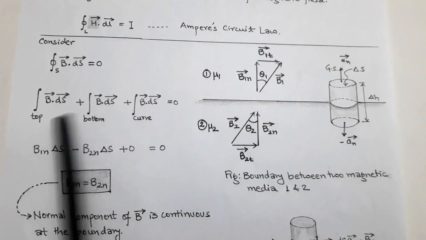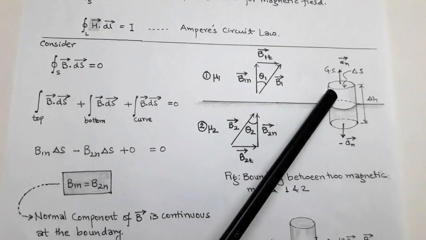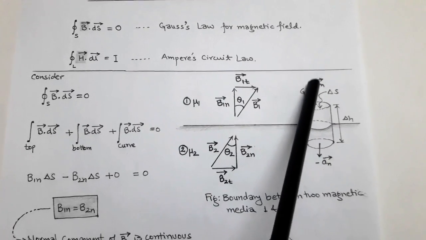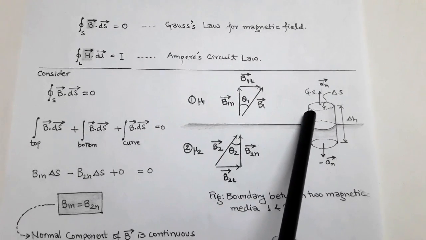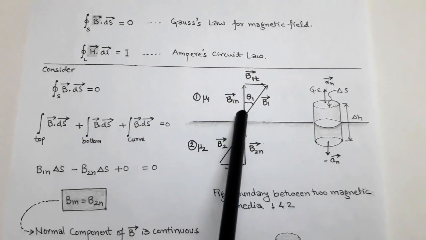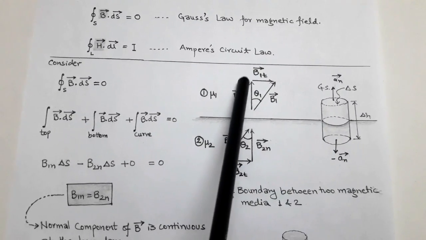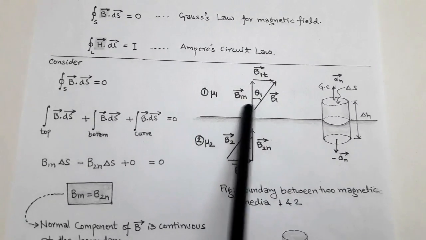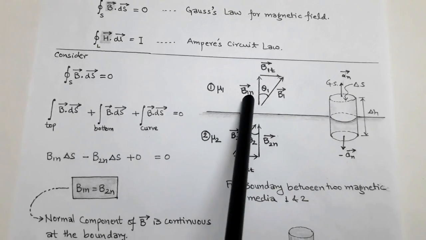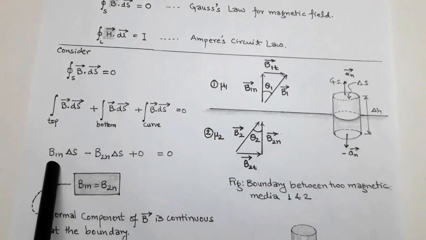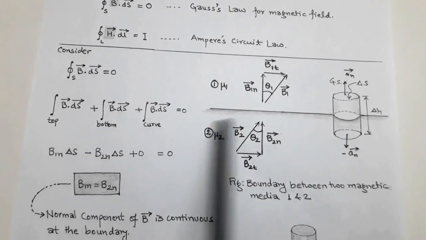So the first surface, that is the top surface. Here the top surface has a component of B1, that is normal component B1n, and this surface has a direction towards B1n. So the dot product for the top surface is B1n into delta s.